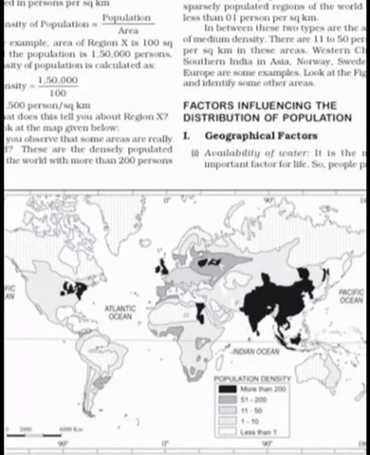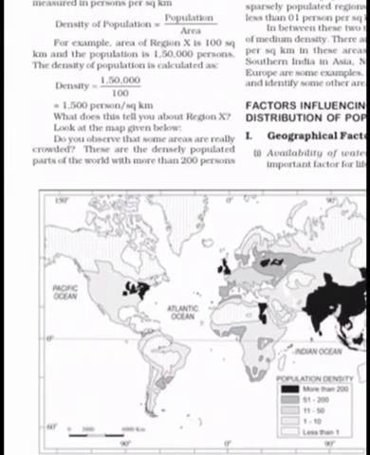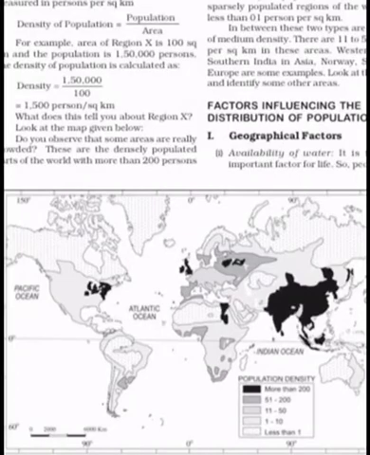So we can see India falls in a densely populated area. India, China, and this southern Asia part are usually densely populated areas. And we can see the lighter shades, those countries are less populated. The density of population in those areas is very low.